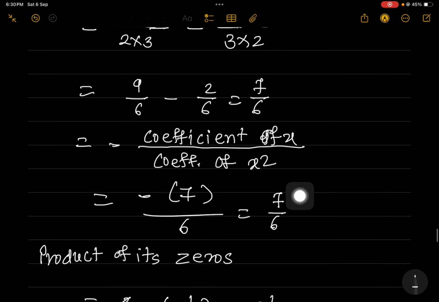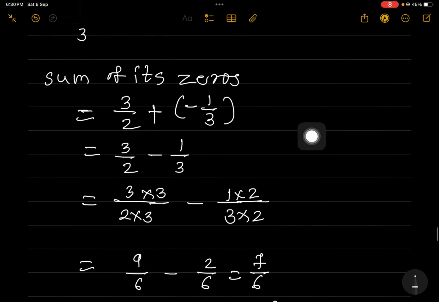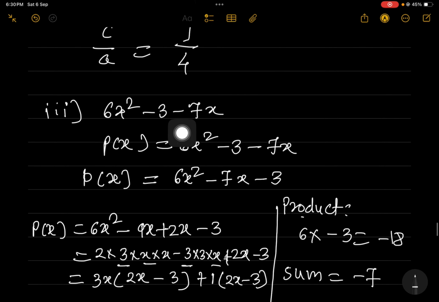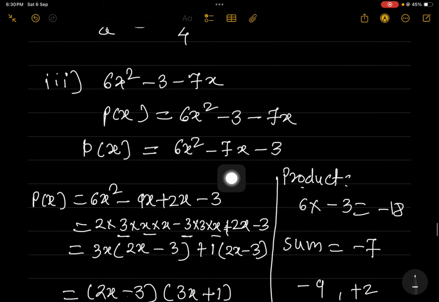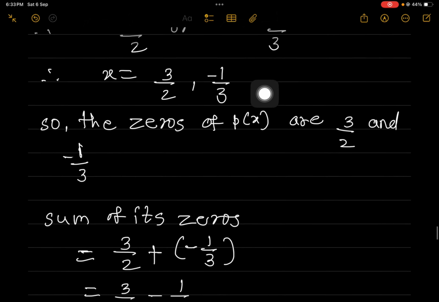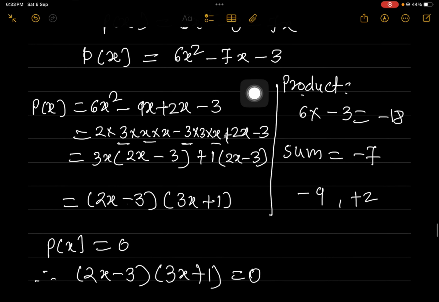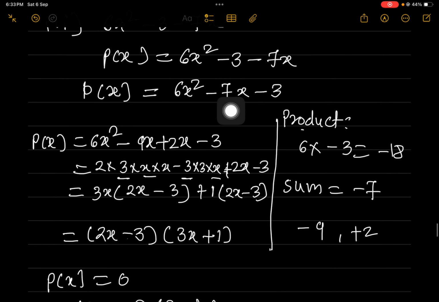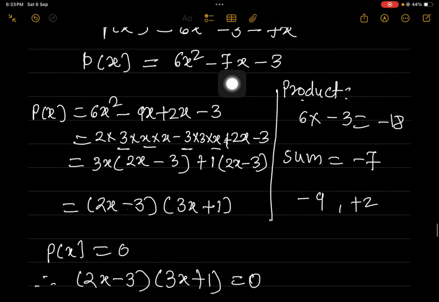So see here, this middle term, coefficient of x is minus 7.